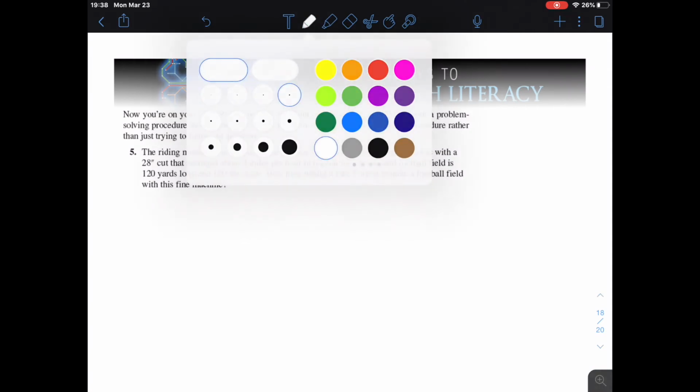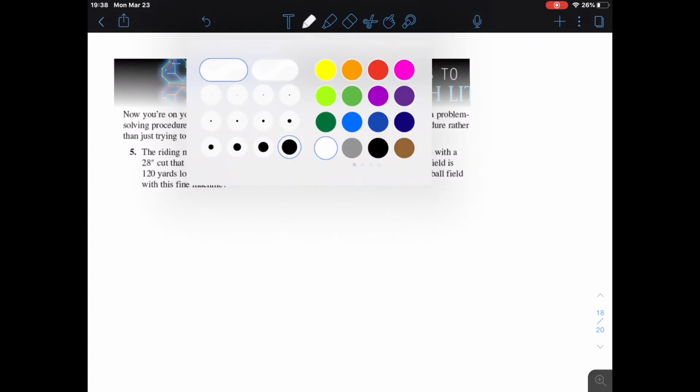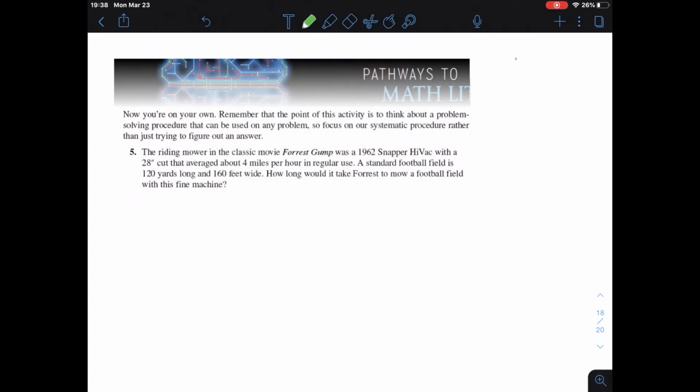So we have a lot of information given to us at once. So what I'm going to do here off to the side is draw a little picture of what's going on. So we've got a football field. This is 160 feet by 120 yards.